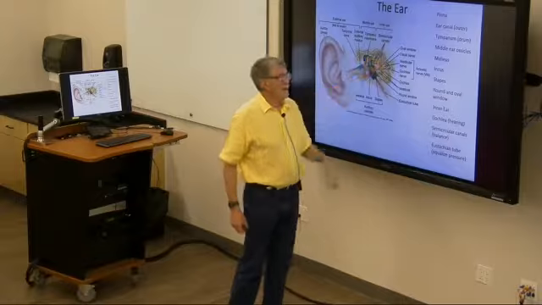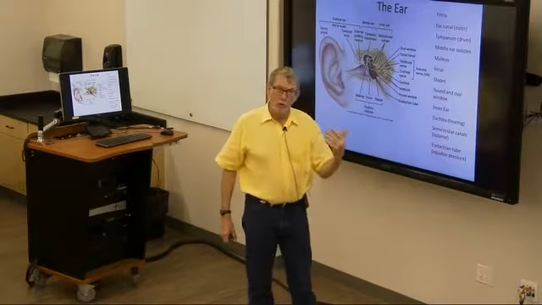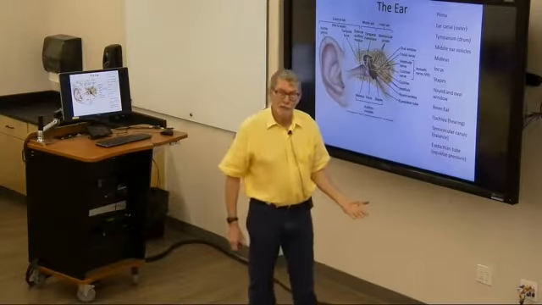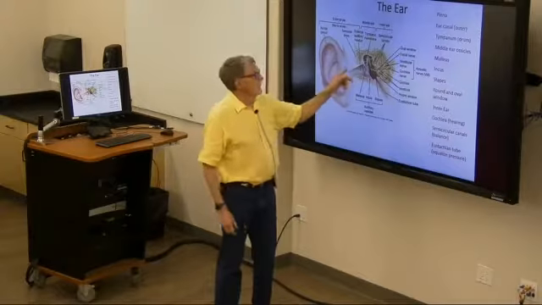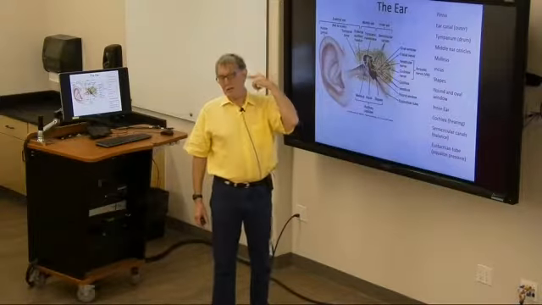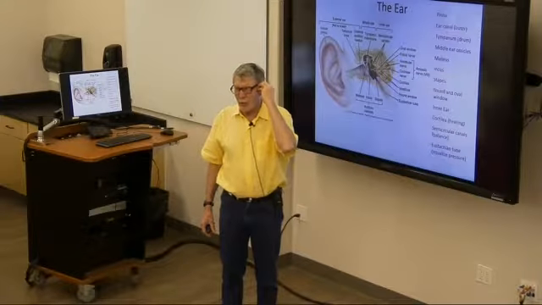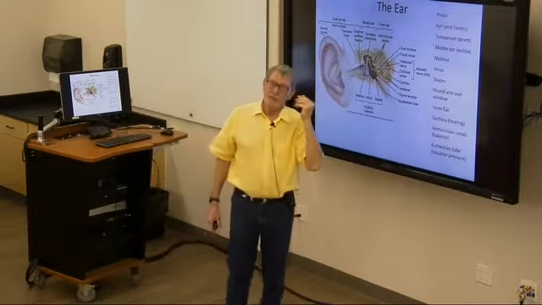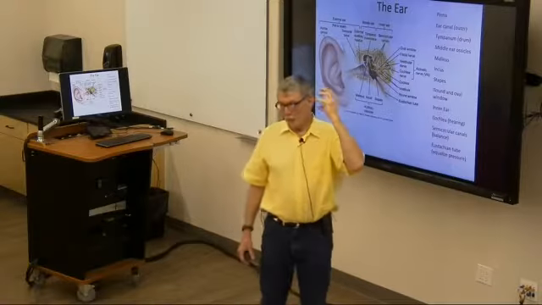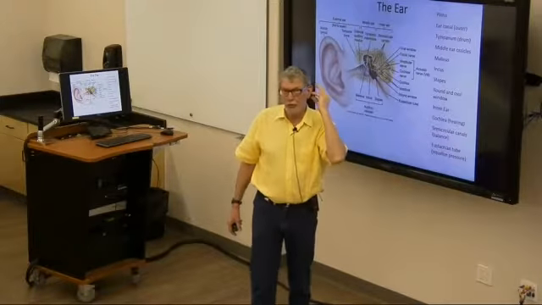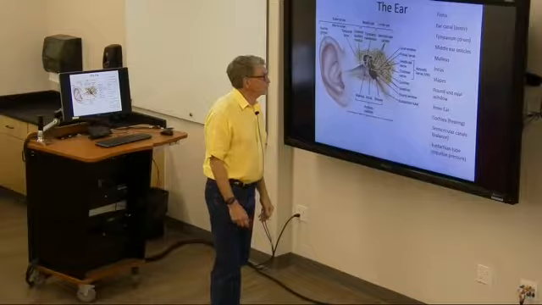They combine to form the vestibulocochlear nerve, one of your cranial nerves, it goes right directly in to the brain. At that point, you have your primary auditory area and your association areas right next to that.